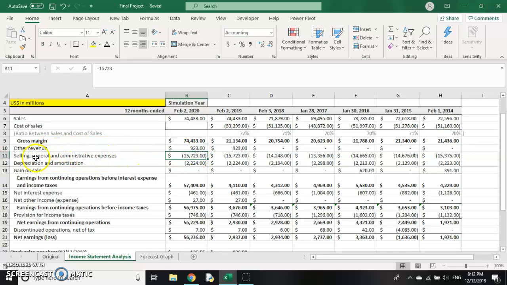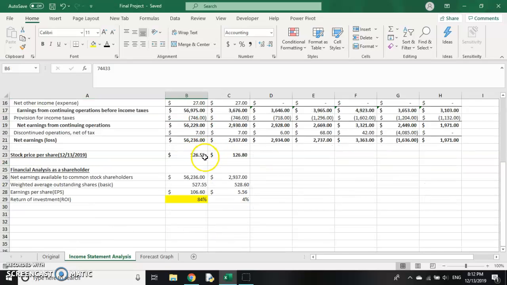Selling and general administrative expenses are more like fixed expenses, and the same goes for depreciation. So the only things I can adjust are sales, the stock price, and the weighted average outstanding shares. Logically speaking, these three could be used as independent variables.